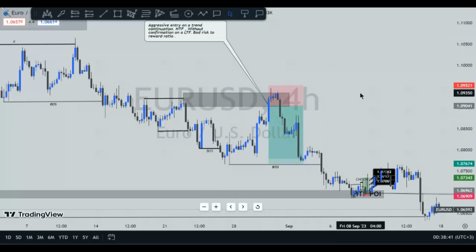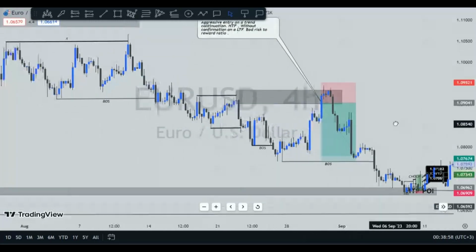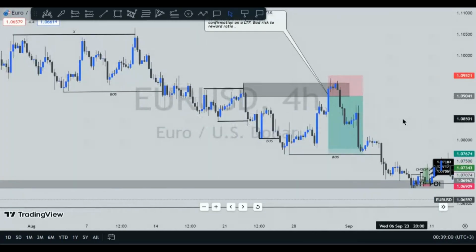So with this type of entry, you might catch many aggressive moves compared to the confirmation one, but then you might lose more, especially when price tends to take out liquidity.